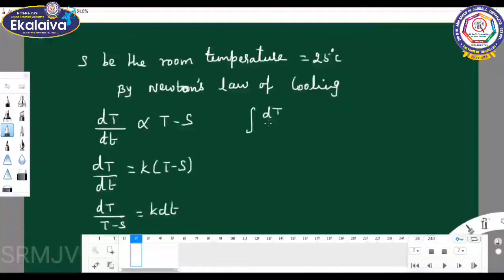Integrating on both sides, integral dT by T minus S equals k into integral dt.